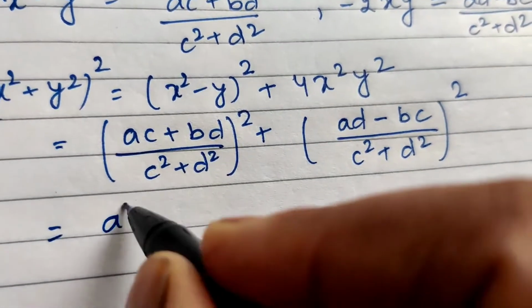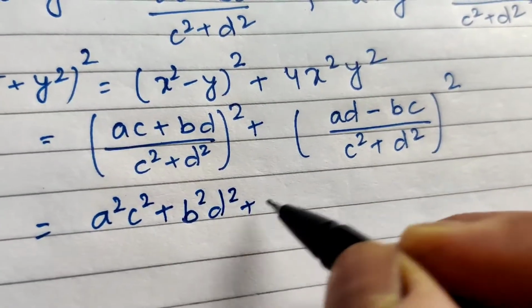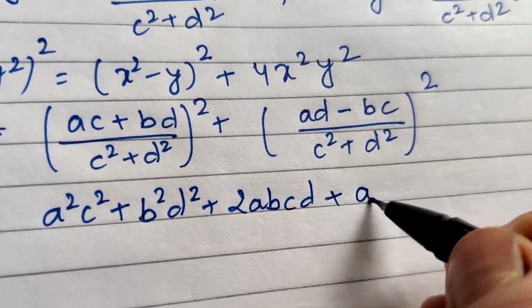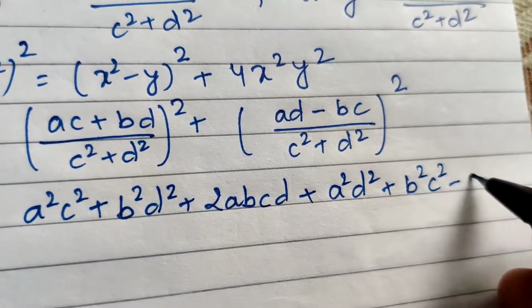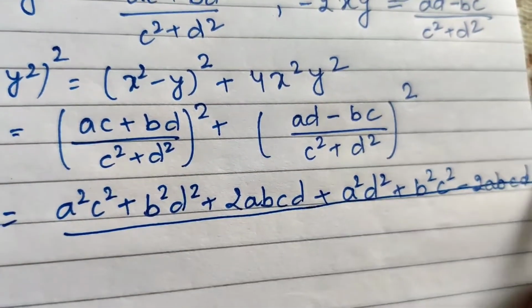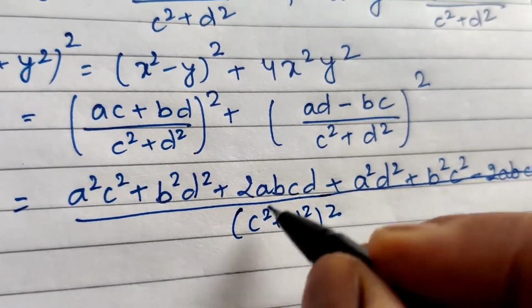Open the squares of these two: a square c square, b square d square plus 2abcd, and a square d square, b square c square minus 2abcd, divided by (c square plus d square) whole square.